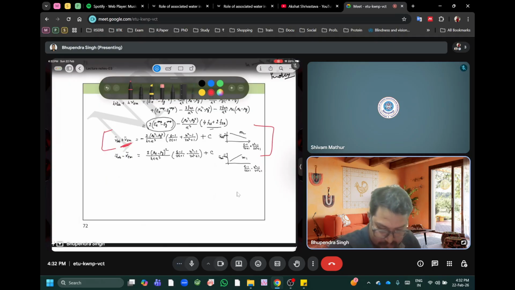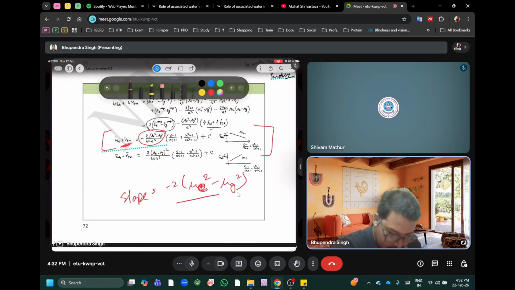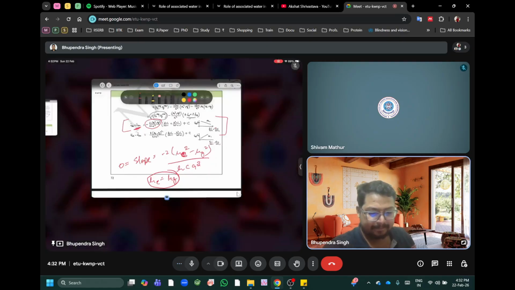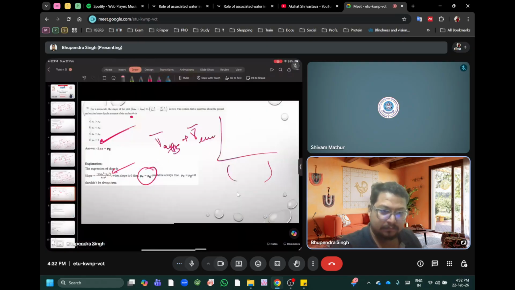So the slope is minus 2 times (mu e square minus mu g square) divided by h c a cube. And in the question the given slope is 0. So mu e has to be equal to mu g. So the answer for this question is D.